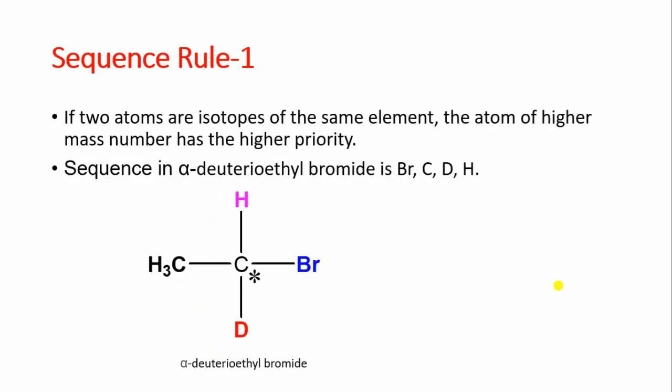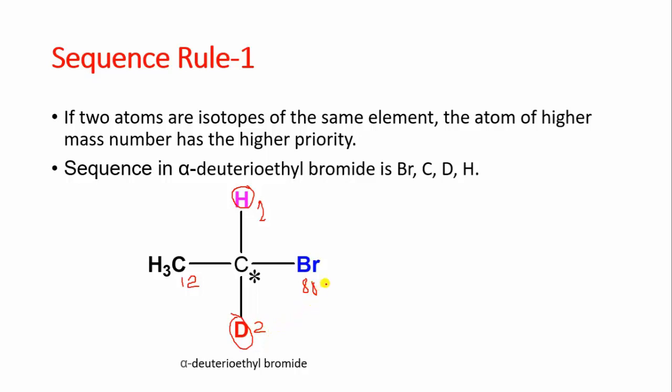By taking another example, if an isotope is present, here hydrogen and deuterium are isotopes of each other. Bromine has around 80 atomic weight, carbon has 12, hydrogen 1, and deuterium 2.